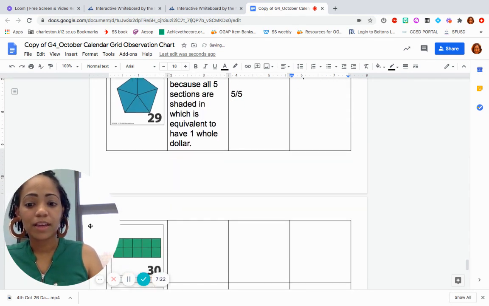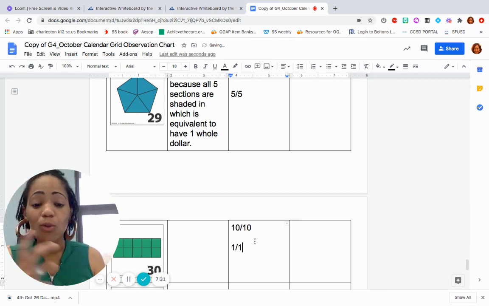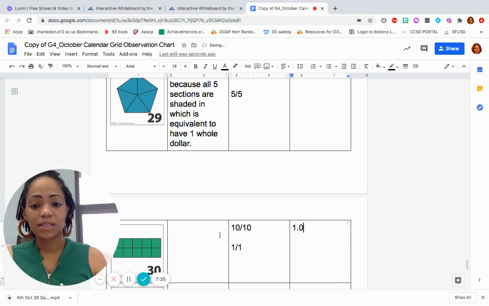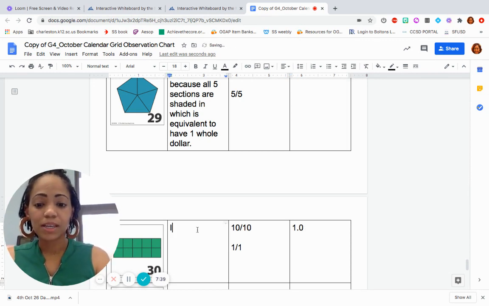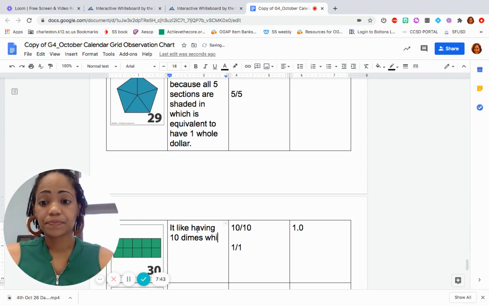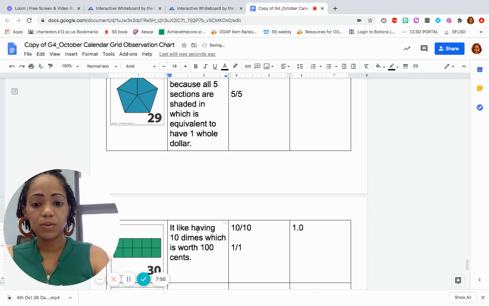Now how about the 30th, which is here? Same thing. So this would be 10/10. Just the whole thing, one whole thing shaded in. Okay. Write my decimal like this. And it's related to money because of the same thing. It's like having 10 dimes, which is worth 100 cents or $1.